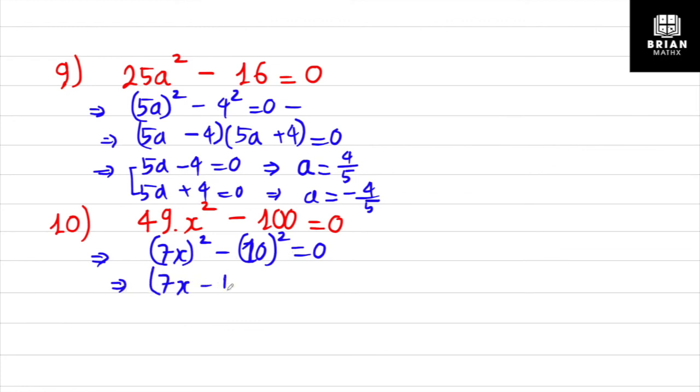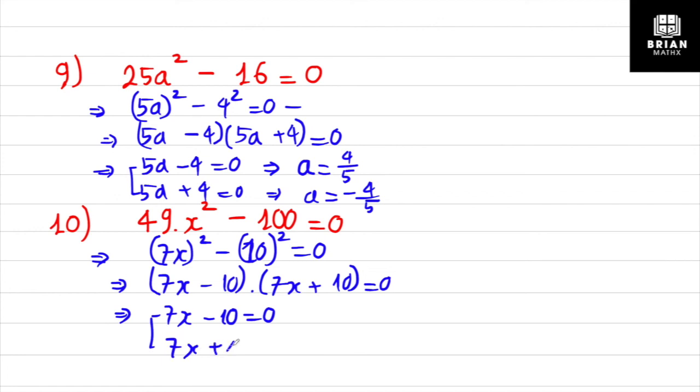The first, the second, and of course they are equal to 0. 7x negative 10 equal to 0. 7x plus 10 equal to 0. For this question, for this single bracket, you got 10 over 7. And the next one, you got x equal to negative 10 over 7.